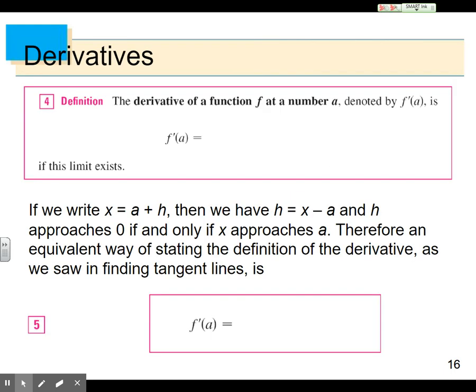Like I said, they're both similar equations. So I'm taking the limit as h approaches 0 of f of a plus h minus f of a, all over h.